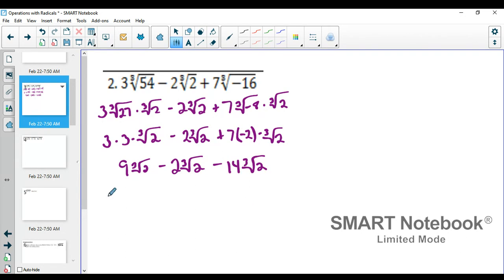Now we have the cube root of 2 in every single term, so we're going to follow the operations with the coefficients. 9 minus 2 is 7, and then 7 minus 14 is negative 7. So we have negative 7 cube root of 2. And that's our final answer for number 2.